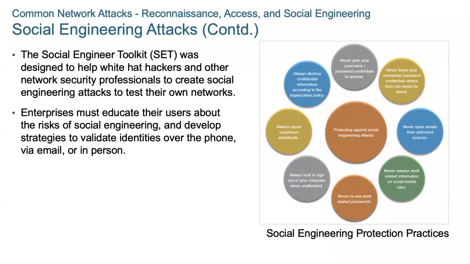That is the most important one, educating every employee in the organization. Another one is never leave your username, password, credentials where they can easily be found, or never open emails from untrusted sources. These are some ways of protecting against social engineering.